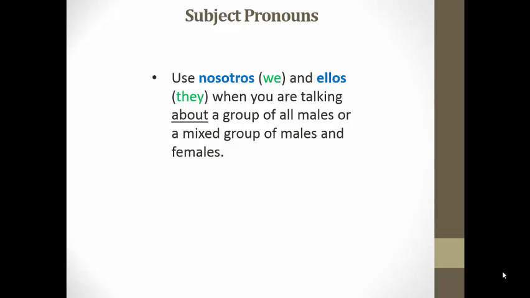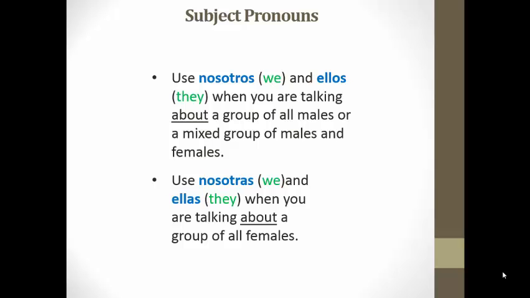When you are talking about a group of males or a mixed group of males and females, you want to use the masculine form. Notice that nosotros ends in os and ellos ends in os. Those are masculine forms. So those are if it's all a group of males or a group of males and females.